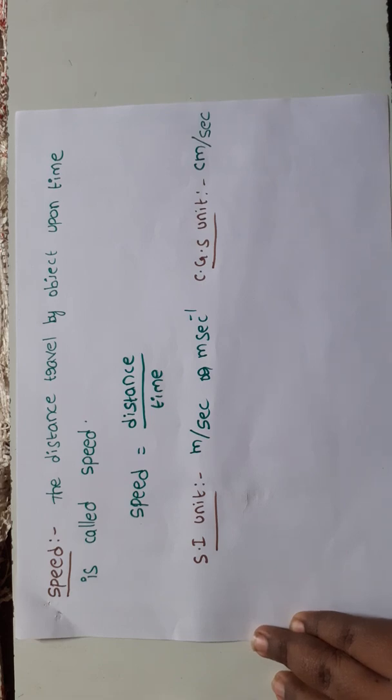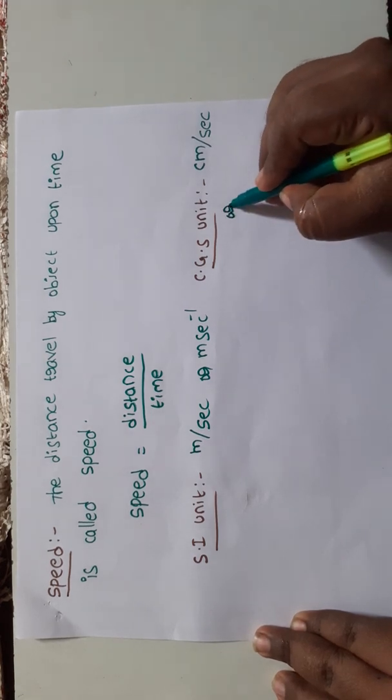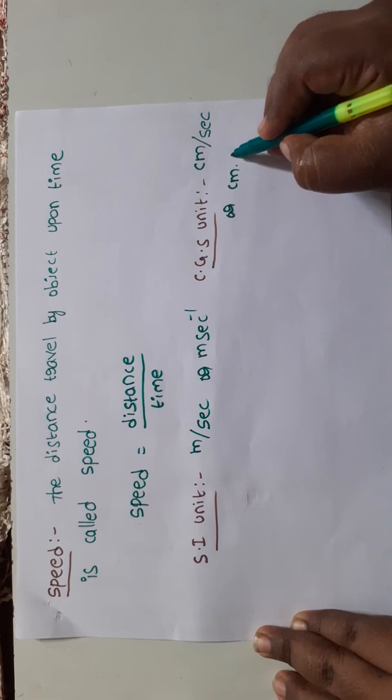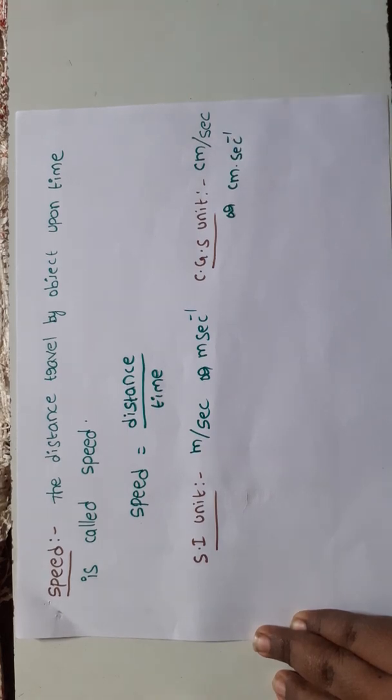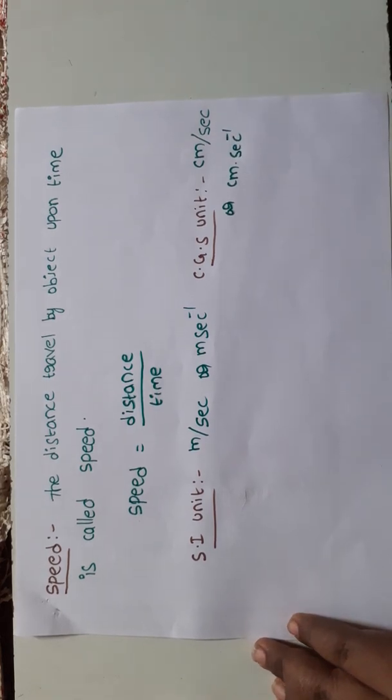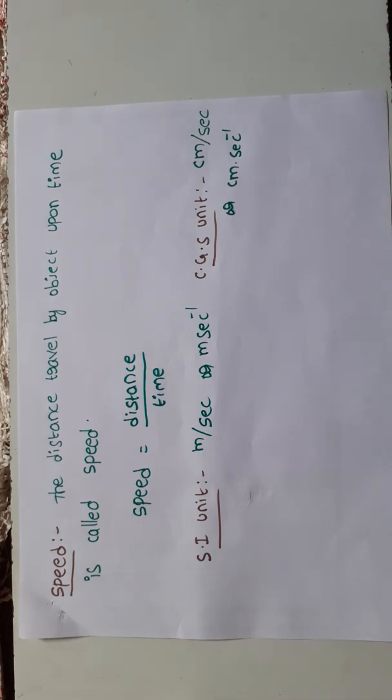So the CGS unit of speed is centimeter per second, or centimeter second inverse. That is the SI unit and CGS unit of speed.